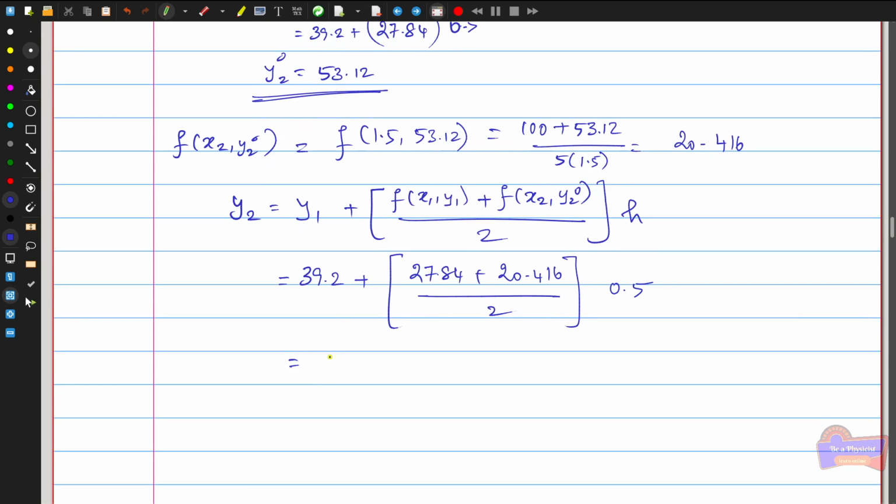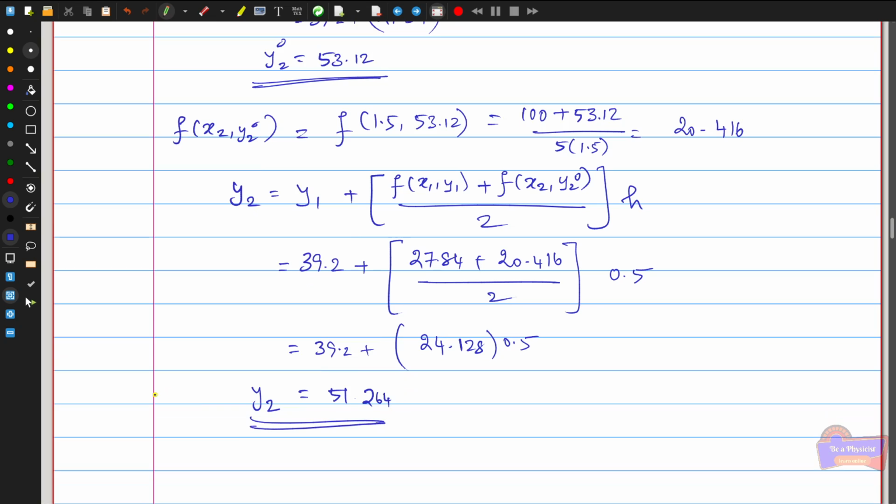So the value is 39.2 plus 24.128 multiplied by 0.5. The final answer will be 51.264. So that is my y2 value at x equal to 1.5.